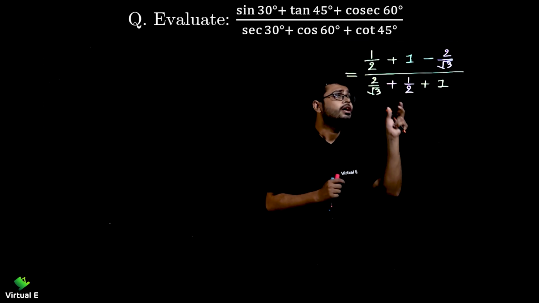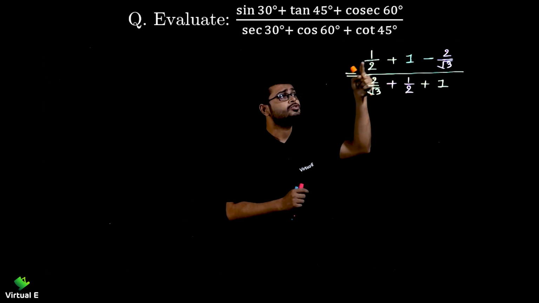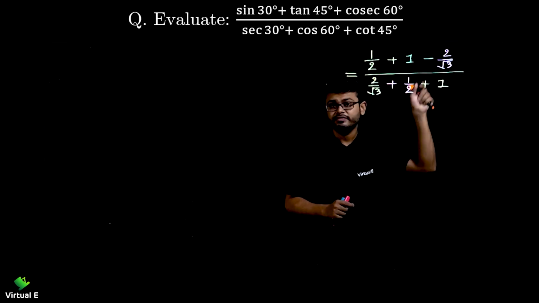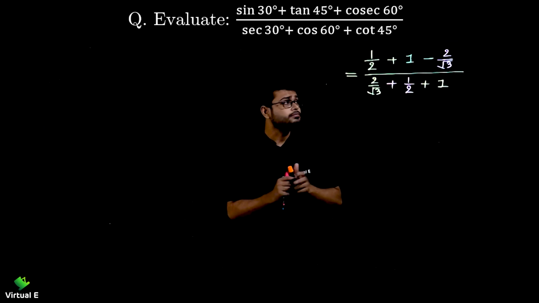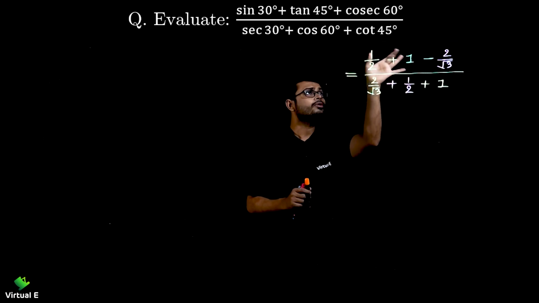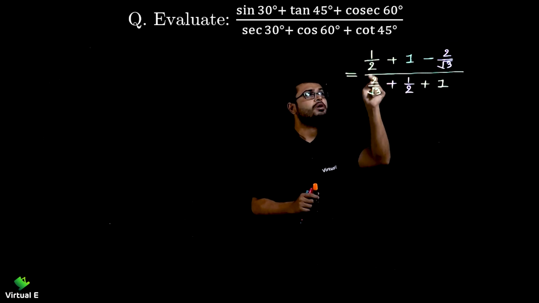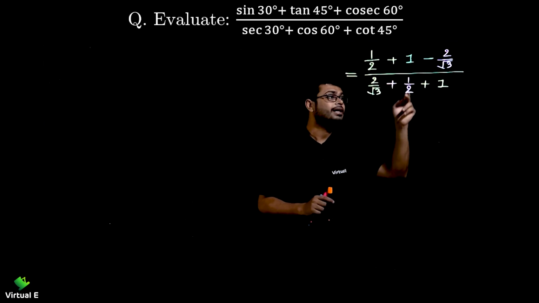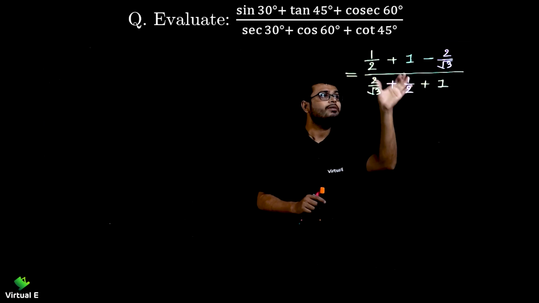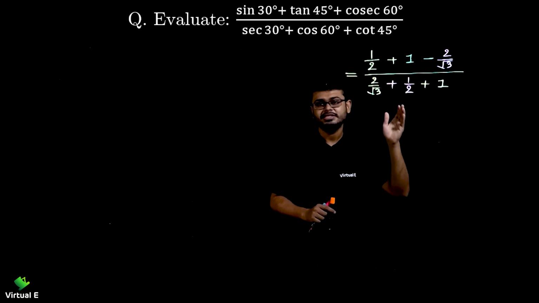So first of all, you can see in the denominator there is a whole number 2 and a number in square root, which is square root of 3. So what I'm going to do is keep 2 by root 3 for a while as it is, and I'm going to simplify these two terms, which are 1 by 2 plus 1 and 1 by 2 plus 1, right? Because if I solve this one, that will be done for numerator as well as denominator.